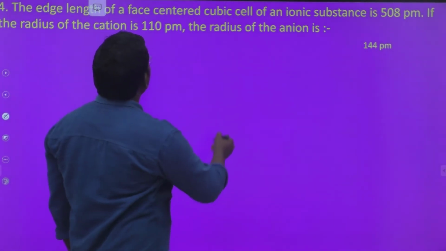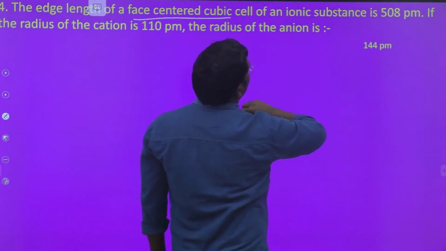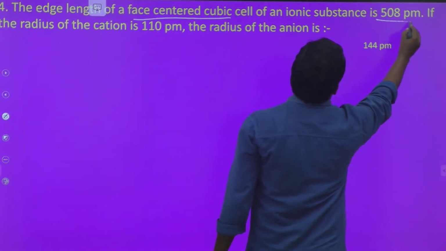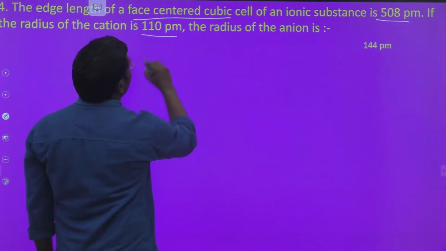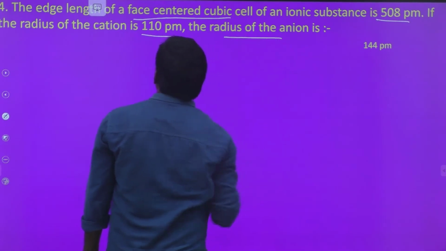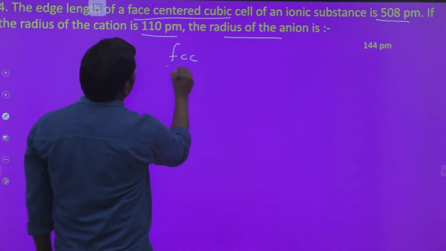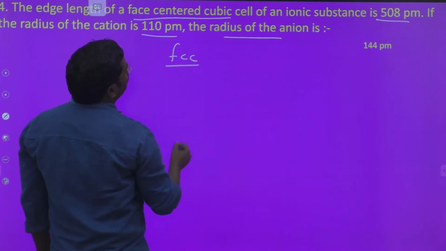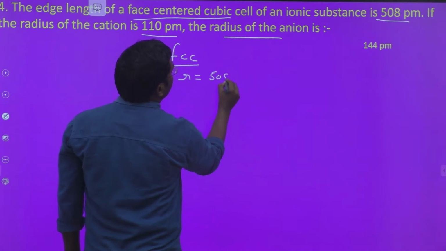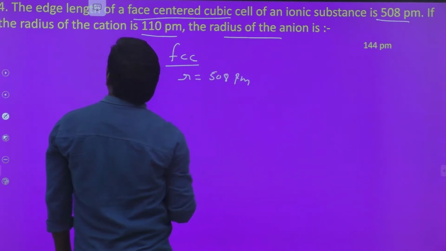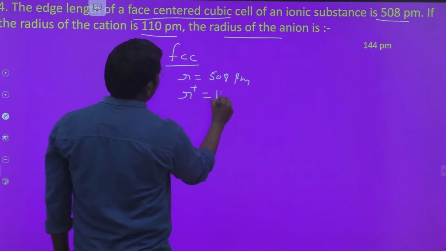The edge length of the face-centered cubic cell of an ionic substance is 508 picometer. If the radius of the cation is 110 picometer, then what is the radius of the anion?